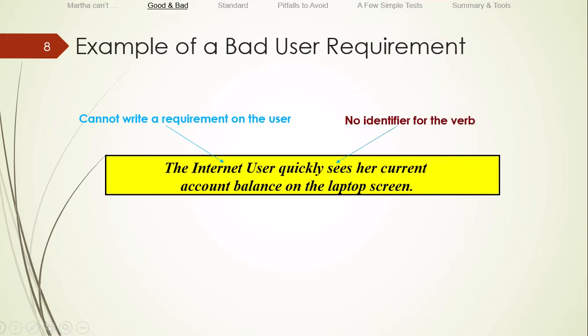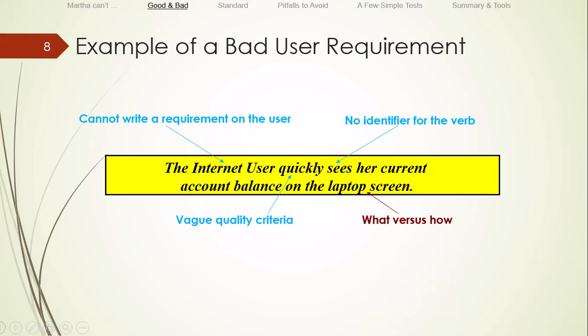There is no identifier for the verb. There is no time mentioned and no other information is available. Quickly is a vague quality. What does quickly mean? There is no specified time bound here, so developers can assume anything from this sentence.